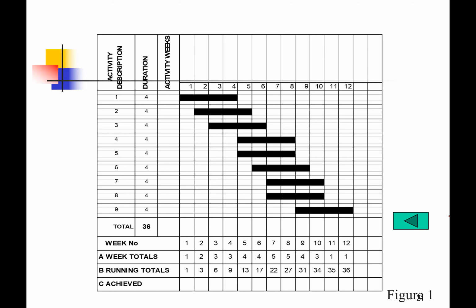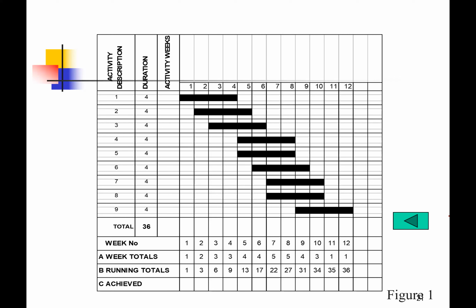Okay, we have shown you this kind of bar chart before in last week's class. Let's assume that we do have activities, a few activities 1 until 9, and then the bar chart being shown there in weekly.